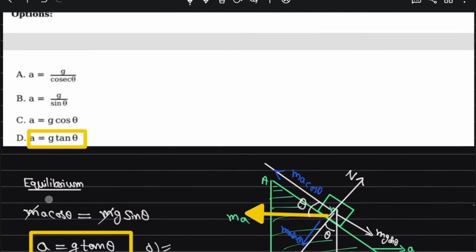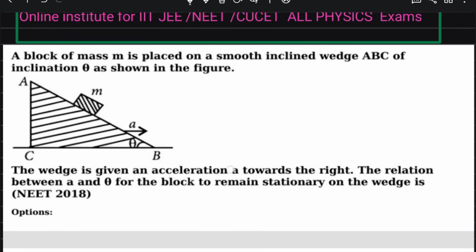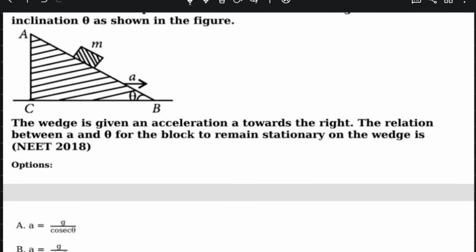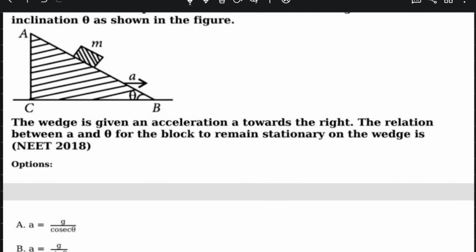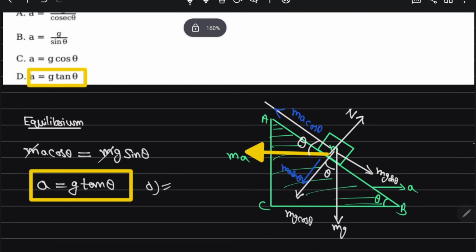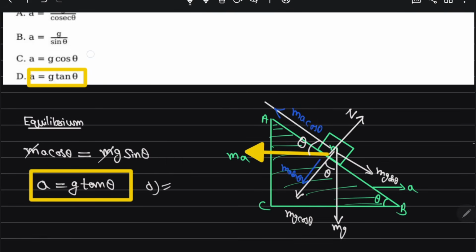Oh my god. So here you see this question: a block of mass m is placed on a smooth inclined plane ABC of inclination theta as shown in the figure. The wedge is given an acceleration a towards the right. The relation between a and theta for the block to remain stationary on the wedge. So I give the acceleration to the wedge towards the right, so pseudo force acts on this block towards the left. Then I just equate the equations.